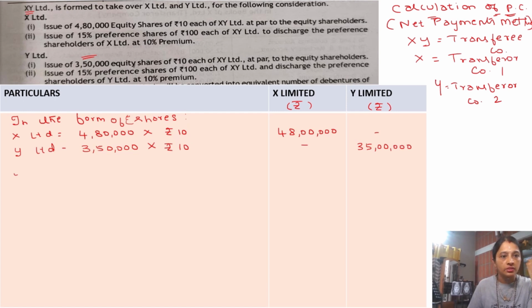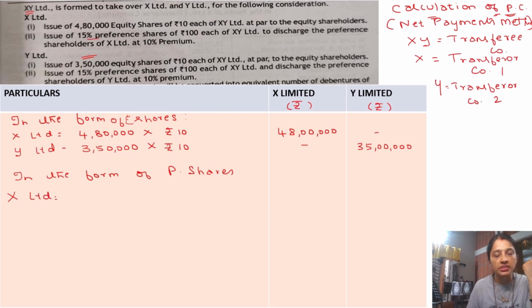Now next, in the form of preference shares for X Limited. Now what have they told? 15% preference shares of rupees 100 each to discharge the preference shareholders at 10% premium.